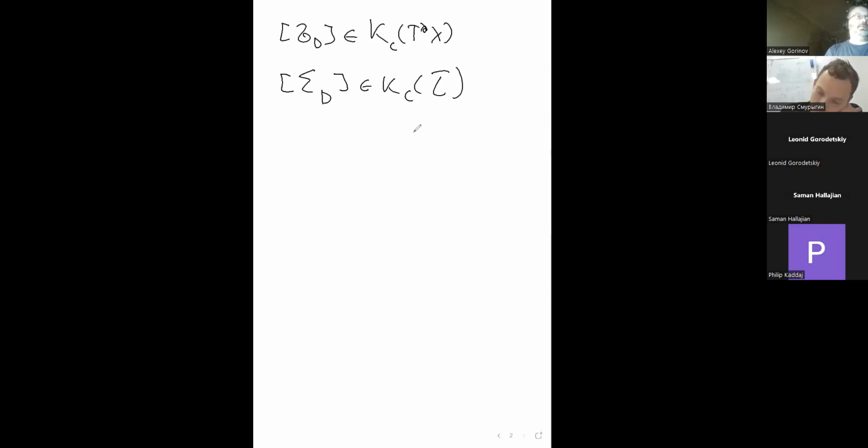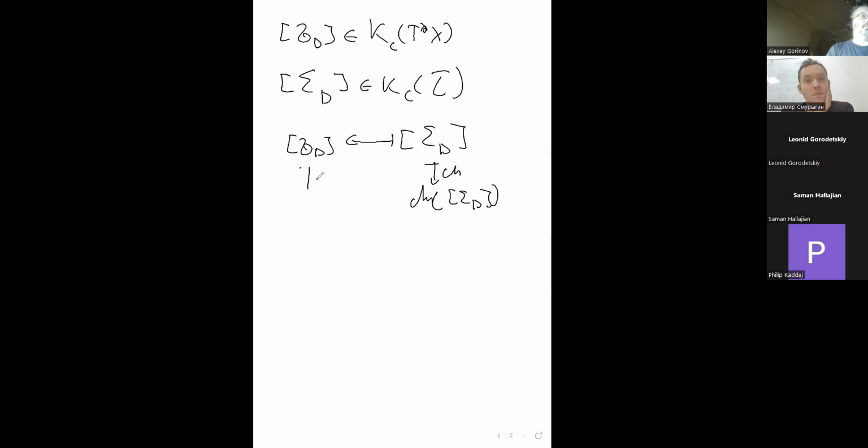Okay, now I have this diagram which commutes, and the element in the lower left corner is what we're after for the index formula.